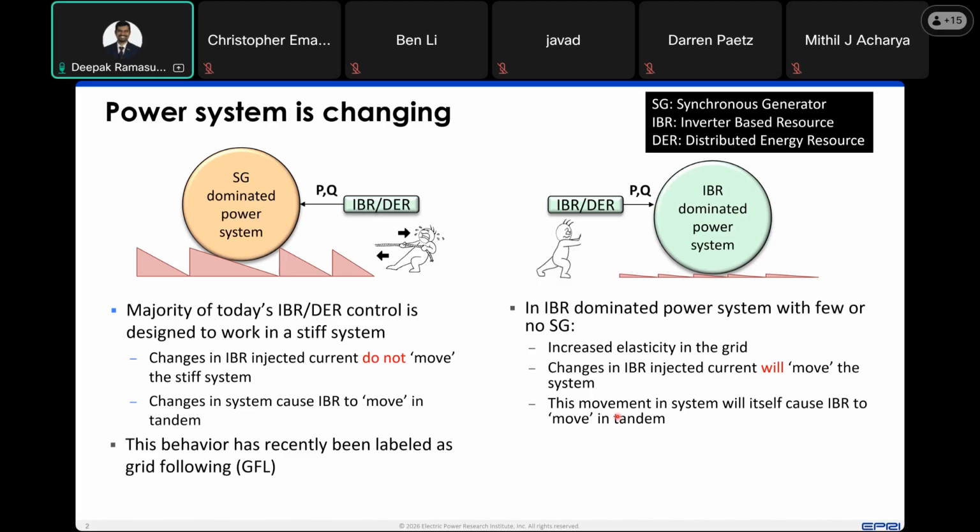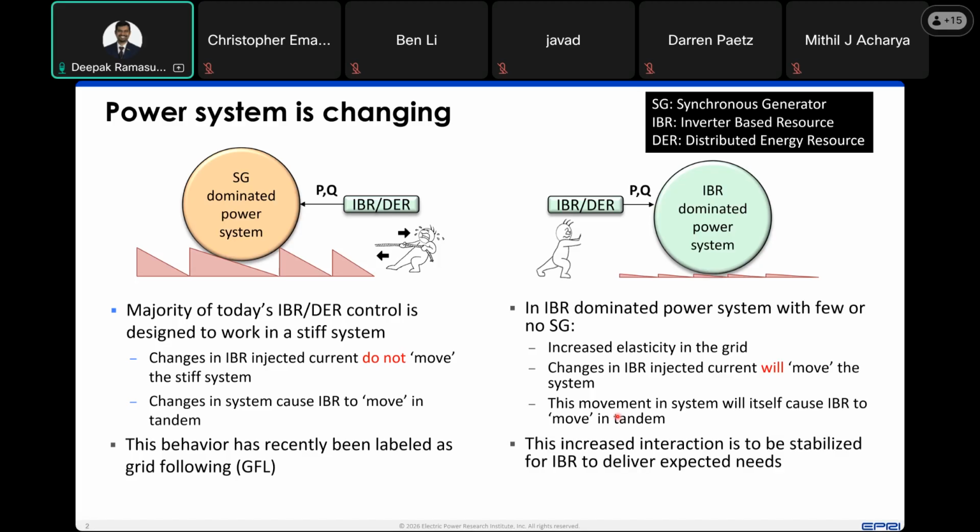And this kind of tandem motion that would occur in the electrical sense, where you have a change in current from the inverter-based resource causing the voltages on the power system to move around, and that change in voltage causing the current to again move, that kind of cause and effect tandem relationship will potentially lead to some instability issues.